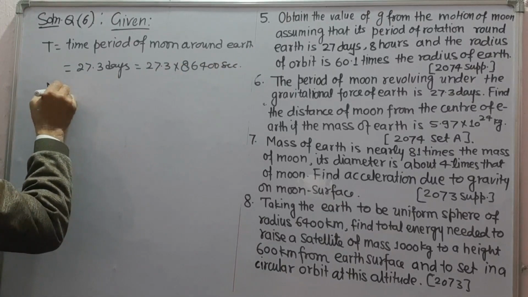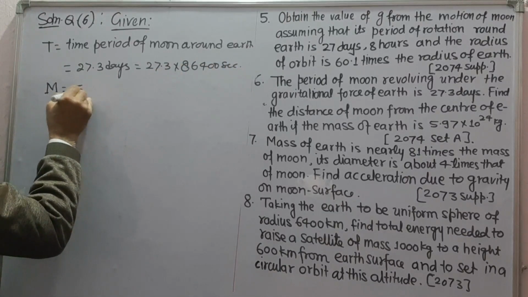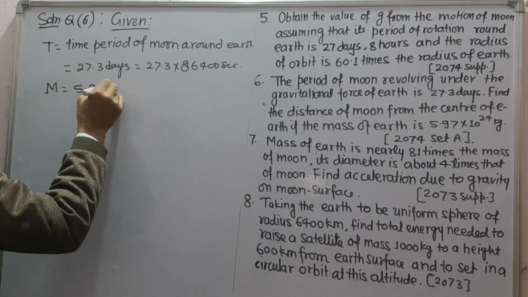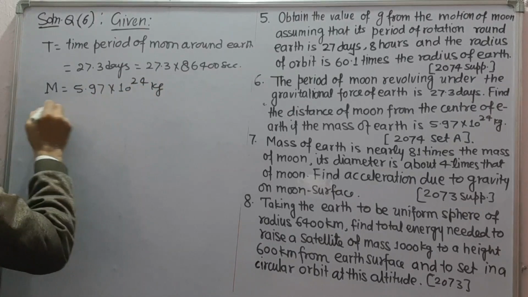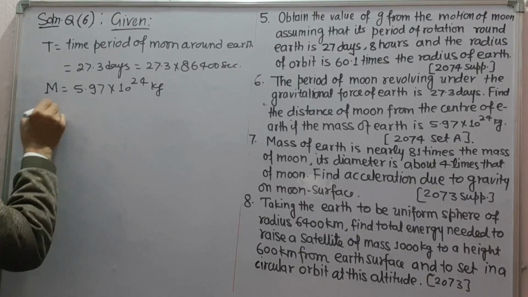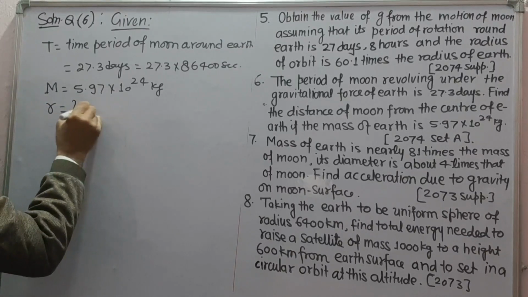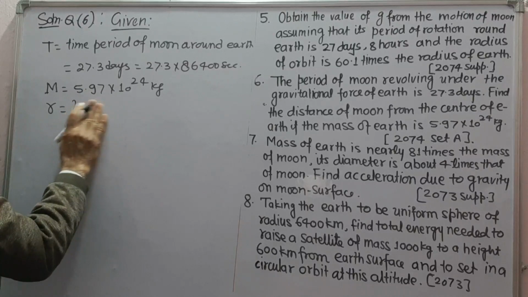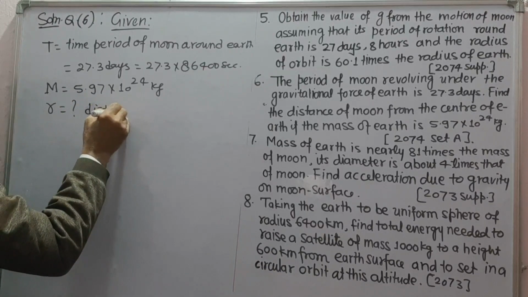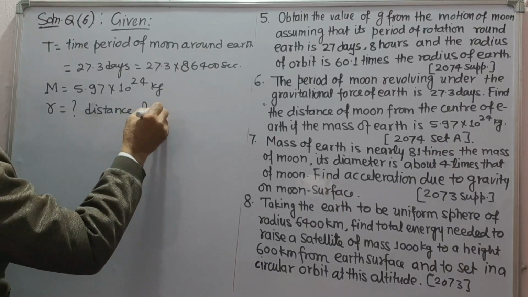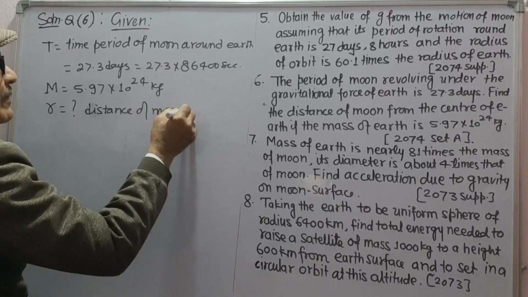Mass of earth is given to be 5.97 into 10 to power 24 kg. We have to find the radius of orbit of moon, that is distance of moon from earth.